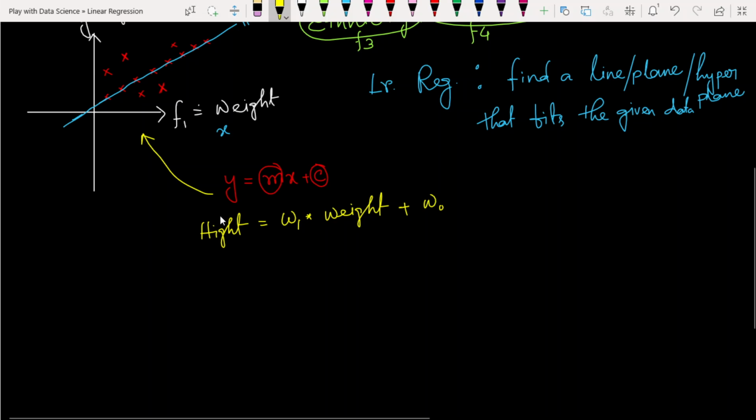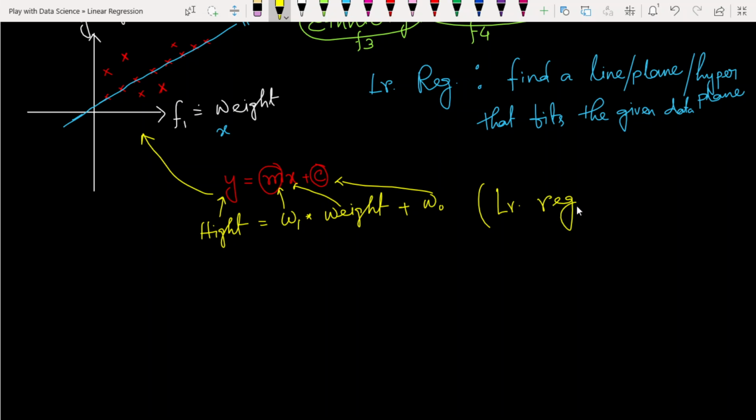So simply, here y is this, W1 is this and this. This is our main linear regression equation.